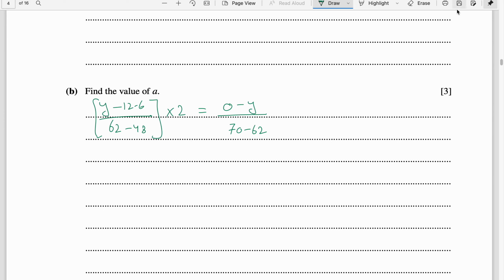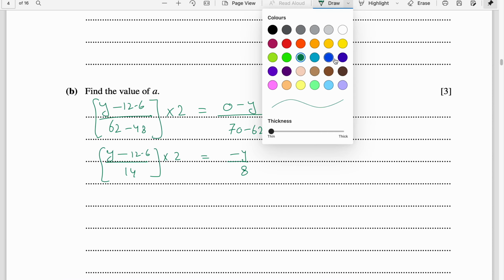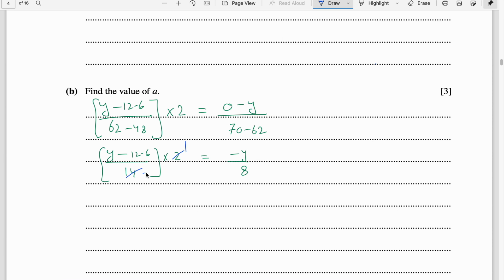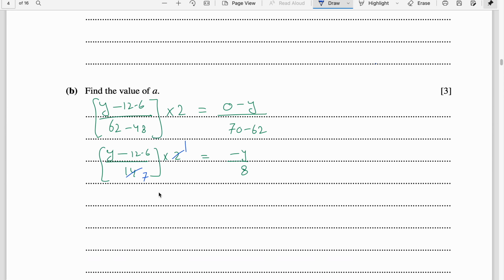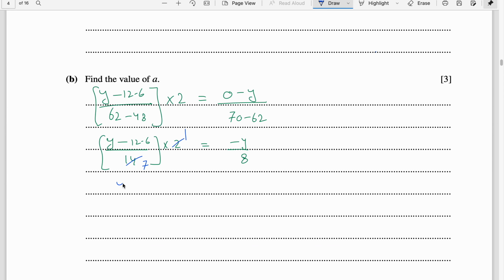Now bear with me till I simplify. This is y minus 12.6 divided by 14 times 2 is equals to negative y over 8 on the other side. Now this is y minus 12.6, and I'm multiplying this y on the other side, makes it negative 7 by 8 y.